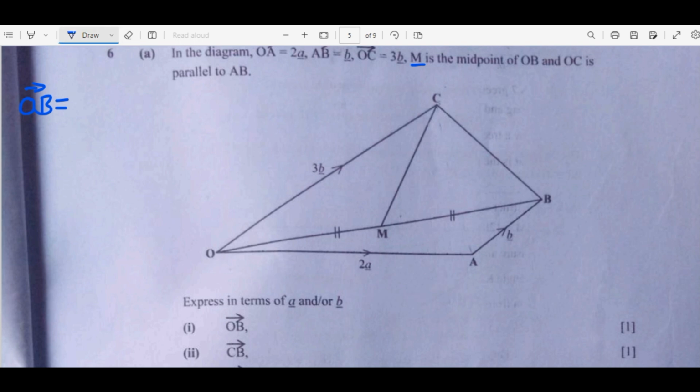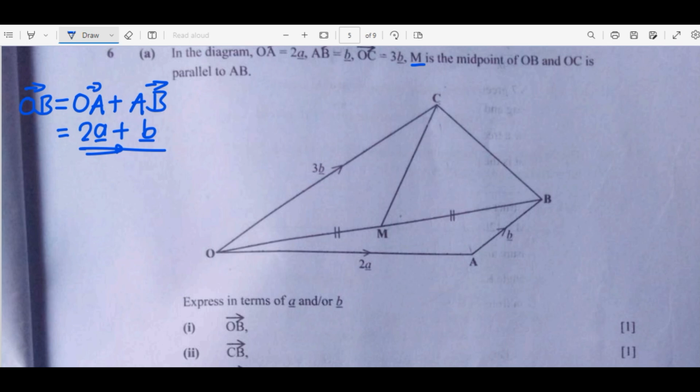So OB is equal to OA plus AB. What is the vector OA? It is 2a, and it is positive since we are moving toward the arrow, plus the vector AB, which is just b. So this is the vector for the line OB.